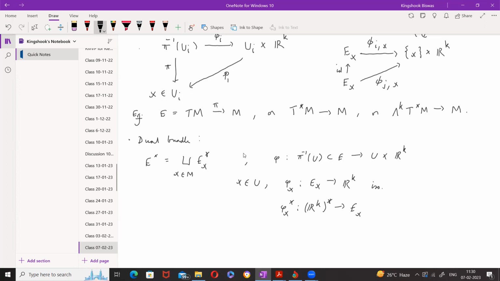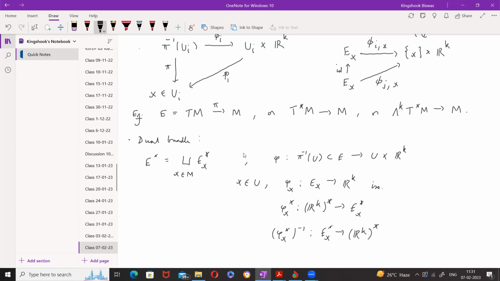So if I want a map going in the opposite direction from EX star to RK star, I just take the inverse, right? So phi X star inverse will be an isomorphism from EX star to RK star.